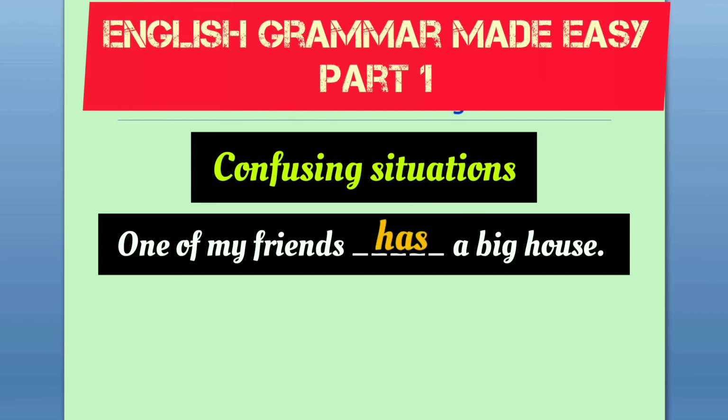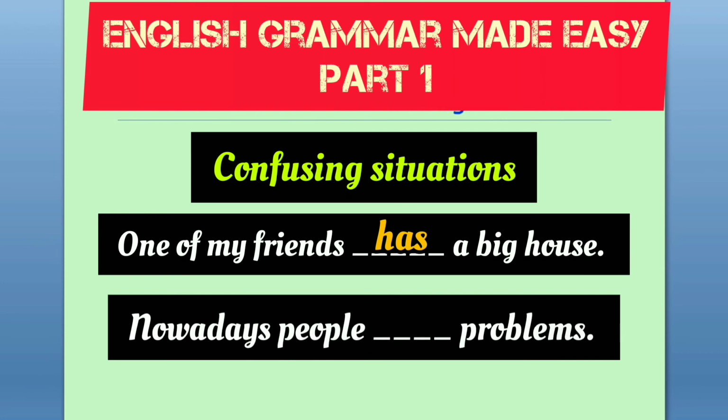Let's see another confusing situation. As you see, nowadays people dash problems. Here also people get confused whether to use has or have. But there is nothing to be confused about, because people is plural, so you have to use have, not has.